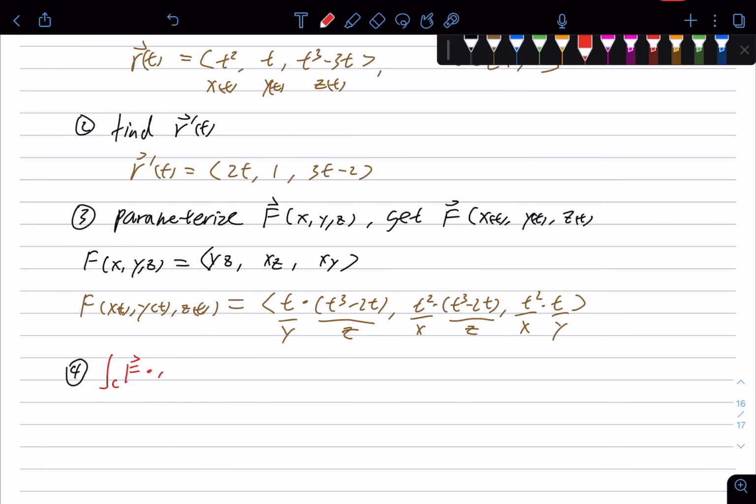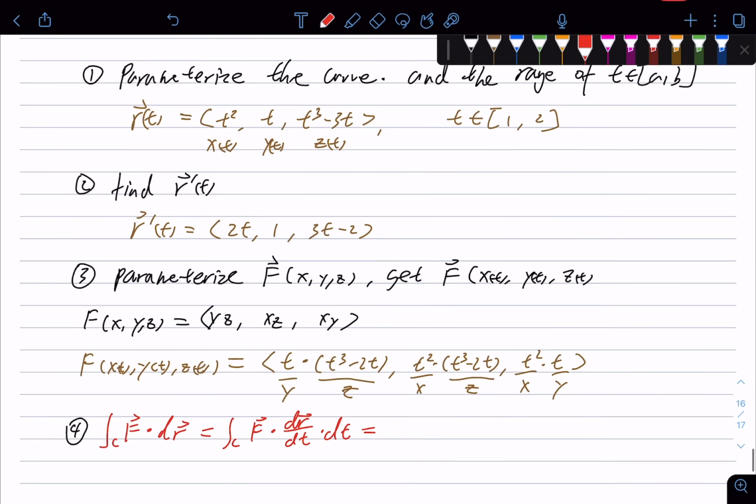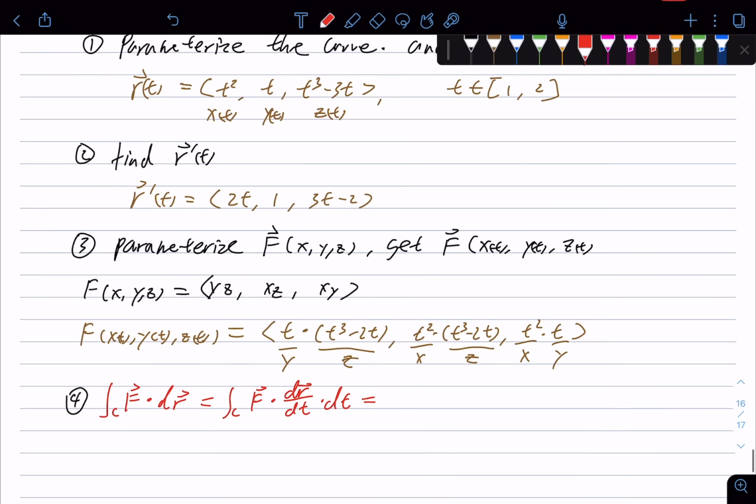So the line integral problem in a vector field is just going to be the integral of F dot dr, which equals the integral from a to b of F dot dr/dt dt. So we have F right here parameterized, we have dr/dt right here parameterized, and then we know what the bounds are.